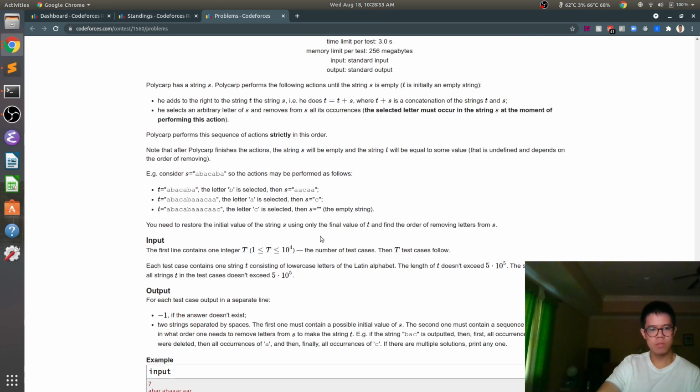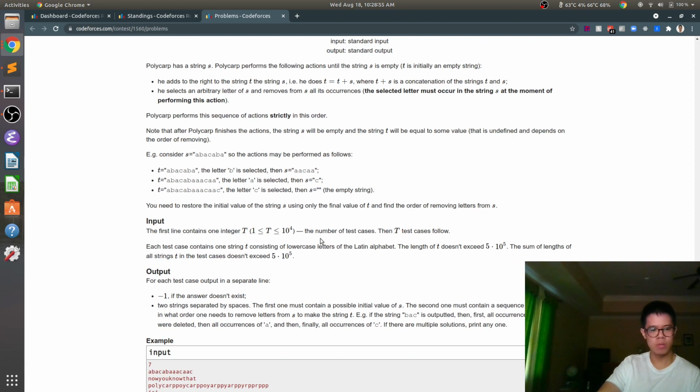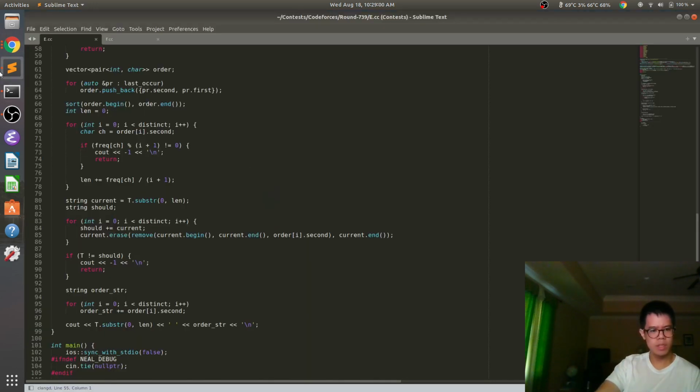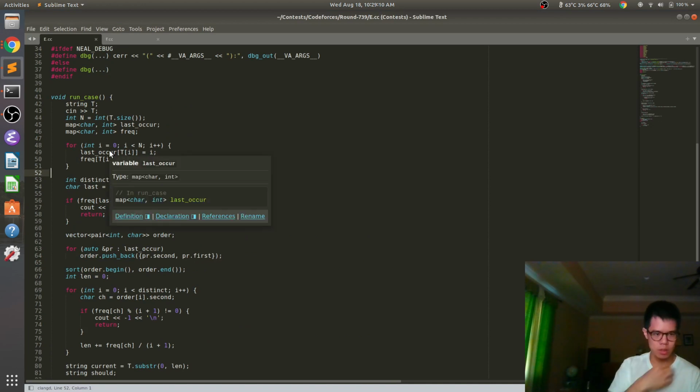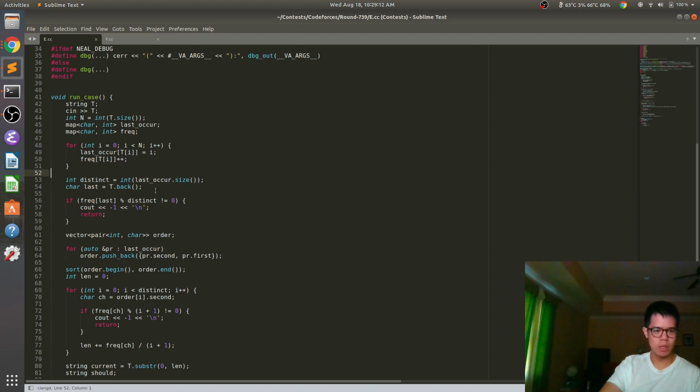So, why does that keep happening? Okay, the main idea in my solution here is we can find the order of the characters based on when they last occurred in the string. So we find every last occurrence in the string, and we know the number of characters based on the number of distinct characters.